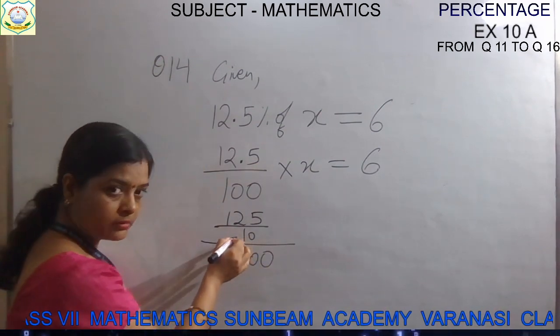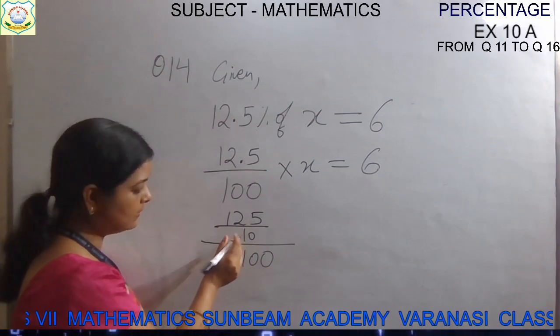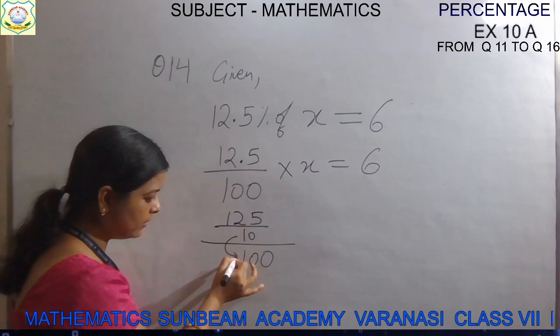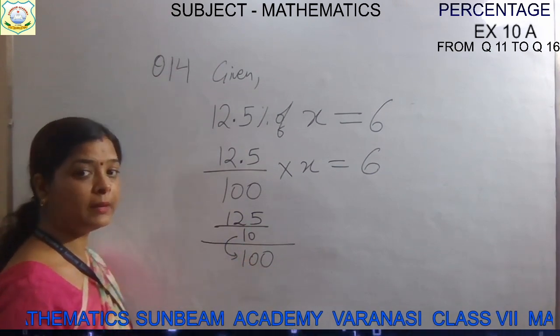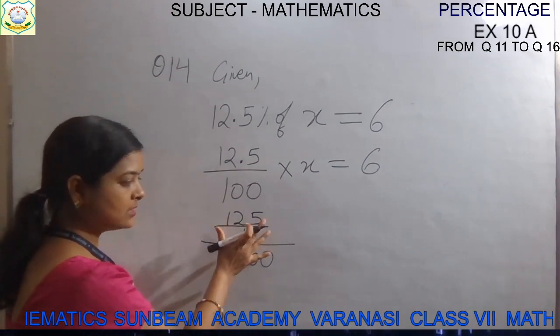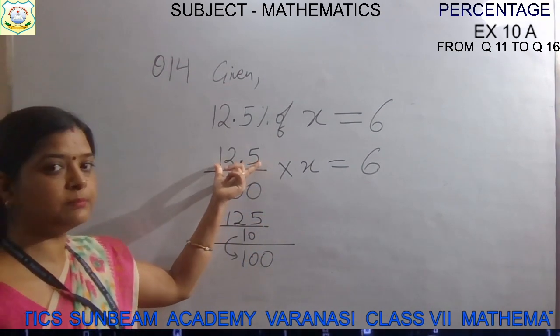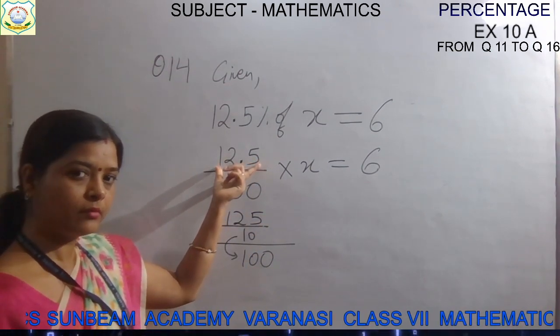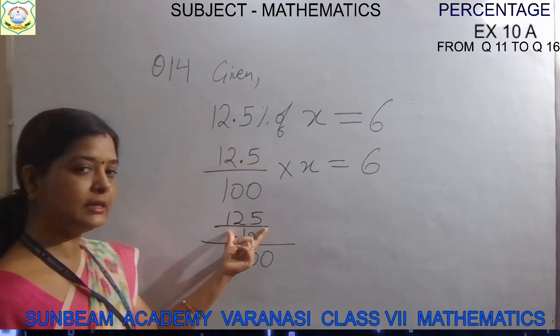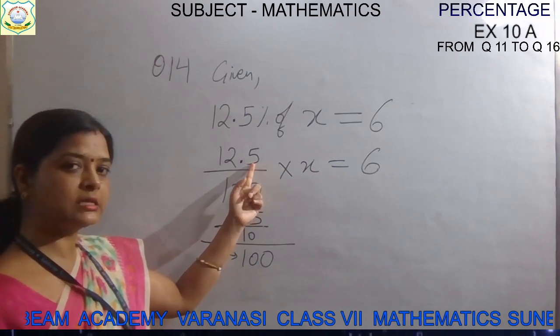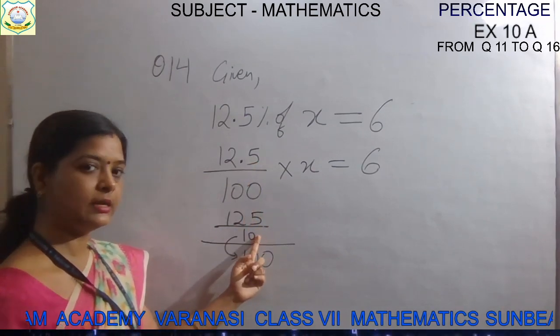Now you know, in various questions you have solved, that if there is a fraction in the numerator, its denominator will come down and multiply. Why has a fraction come here? Because we have further simplified 12.5. 12.5 can be written as 125 by 10, because there is only one decimal place, so 10 will come. Now there is no decimal.